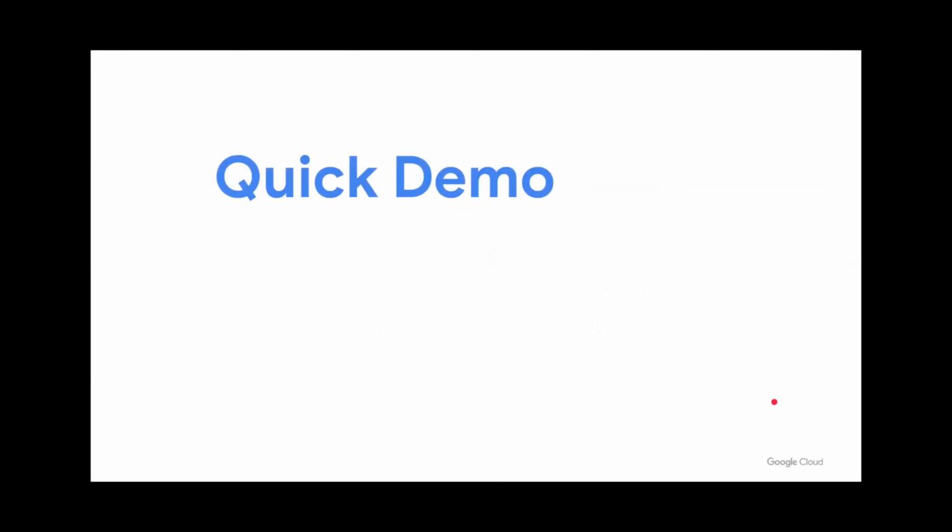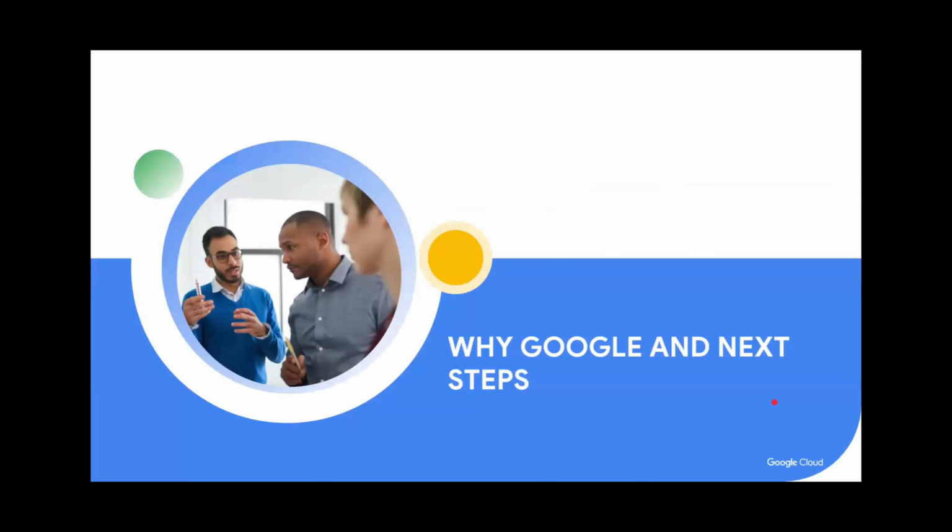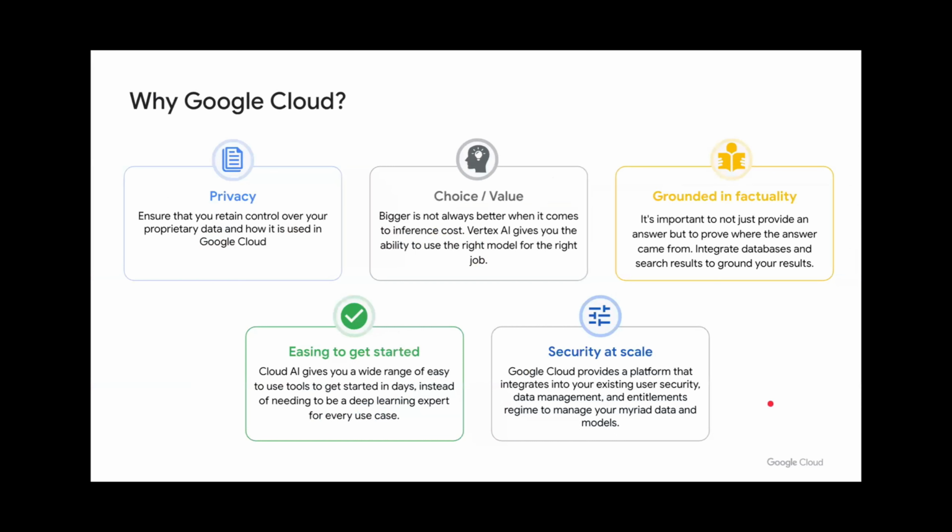I want to restate: why Google? Privacy, choice, grounded in factuality, easy to get started, and security at scale. For every enterprise, controlling IP is very critical. Data governance and IP control are even more crucial in the age of generative AI.